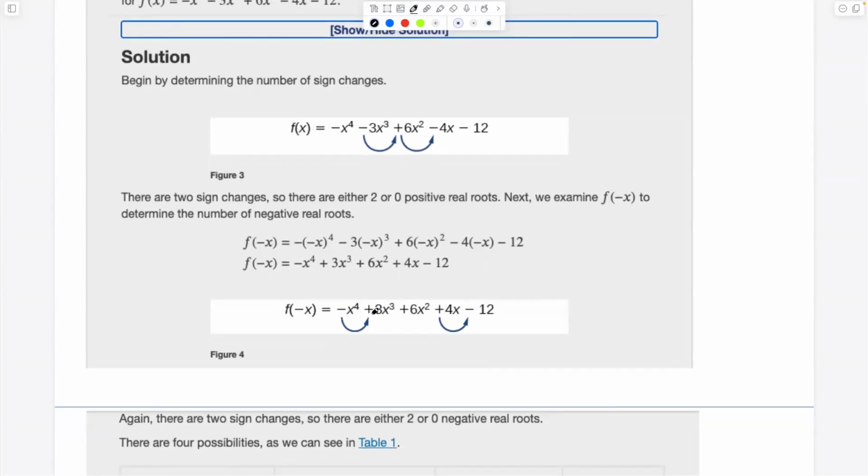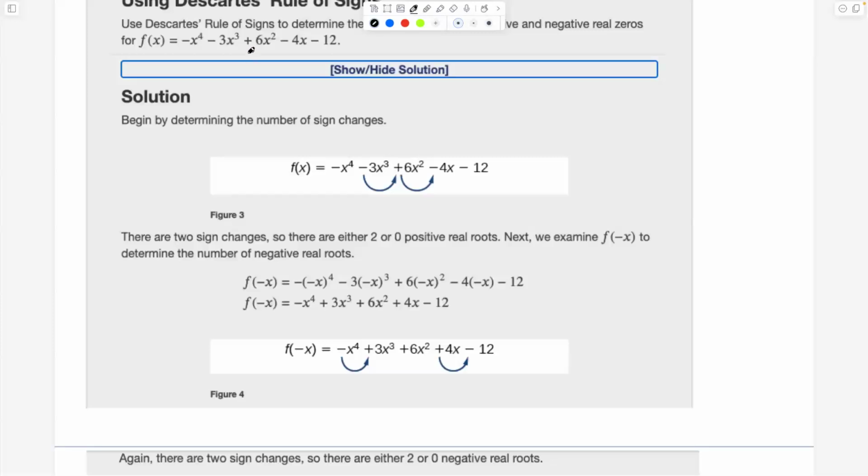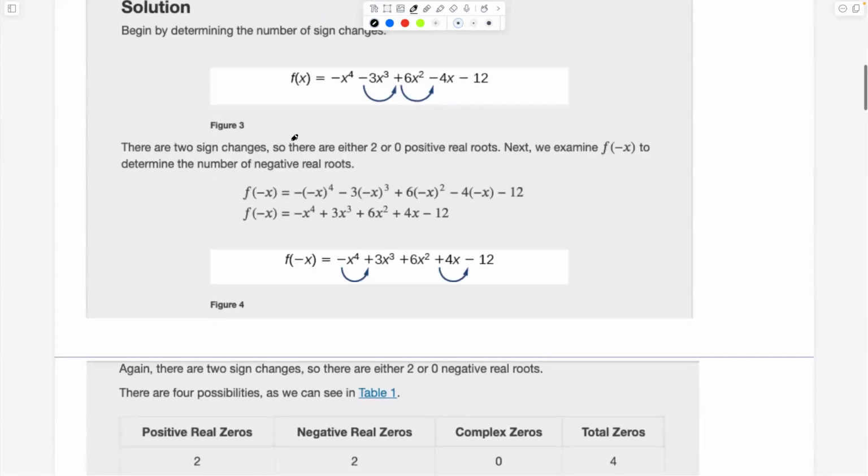So I switch from negative to positive. That's one sign change. Stayed positive, no change in this region. Now I'm changing from positive to negative. So there are two sign changes. That means that this original function either has 2 or 0 negative roots.